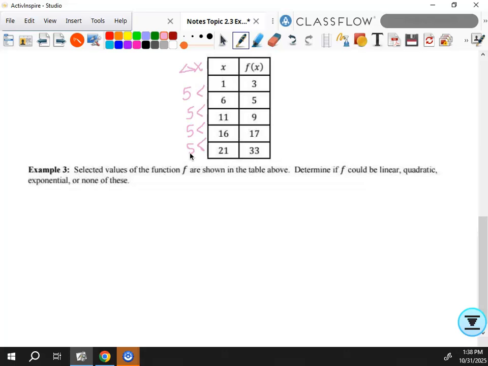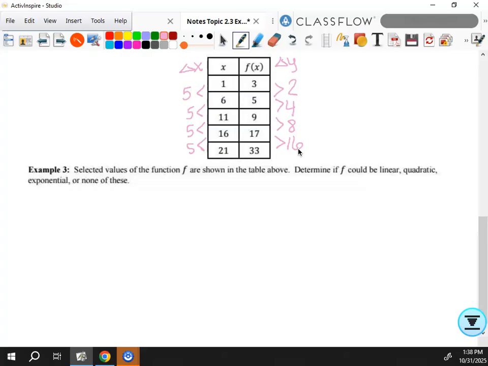Okay, so now when I look at my y values, if I thought about the ratios, like if I put 5/3 and 9/5, are those the same thing? No, so I'm not going to bother writing my ratios. Could be quadratic, so let's go ahead and do our differences. So delta y, 5 minus 3 is 2, 9 minus 5 is 4, 17 minus 9 is 8, and then this is 16.